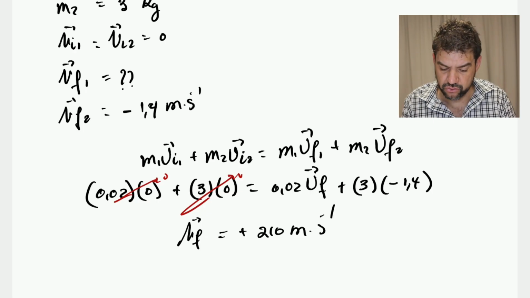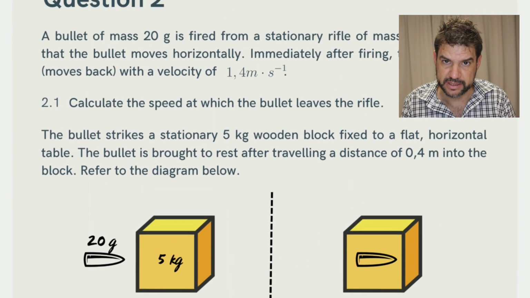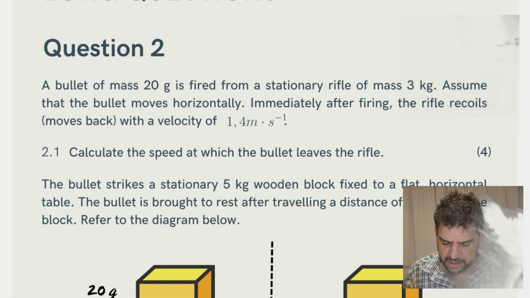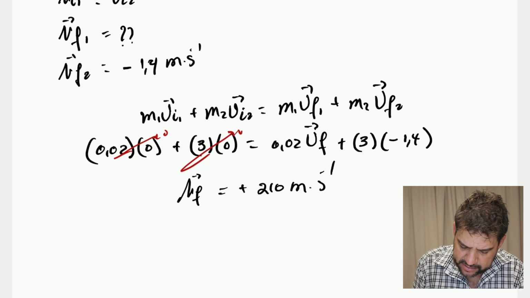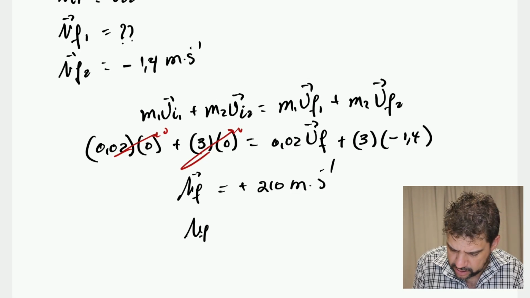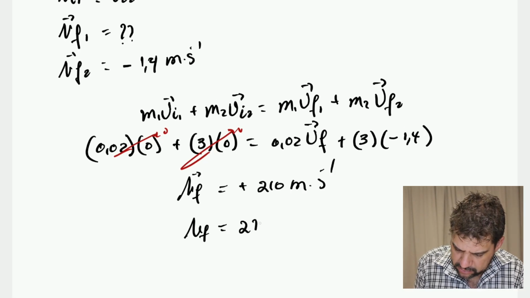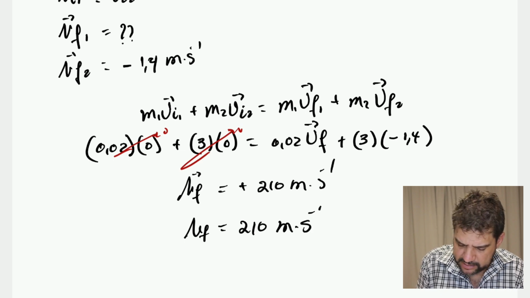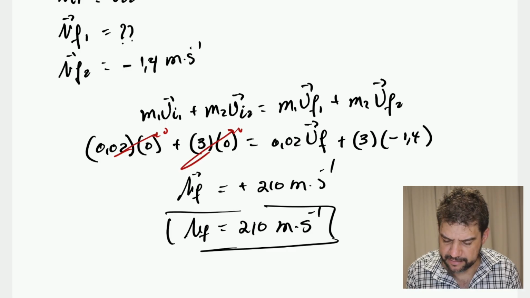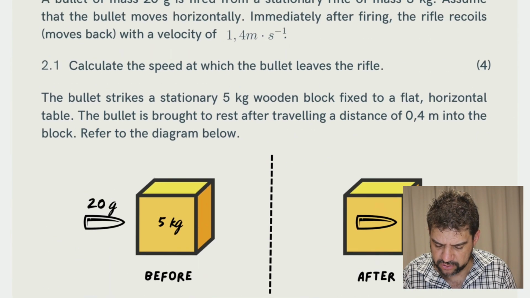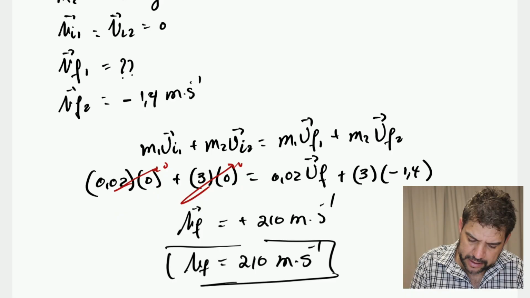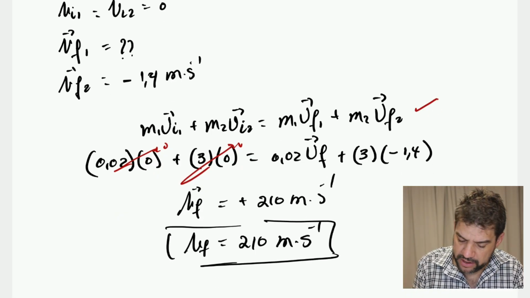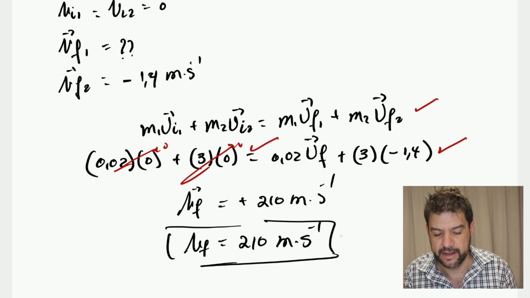They're asking you to calculate the speed. The speed is a scalar quantity, so no direction is needed. It means that the final answer is 210 meters per second. Guys, this is the final answer. There are going to be 4 marks for this one, if you give ticks: one for starting with the formula, one for here, one for there, and one for the final answer.